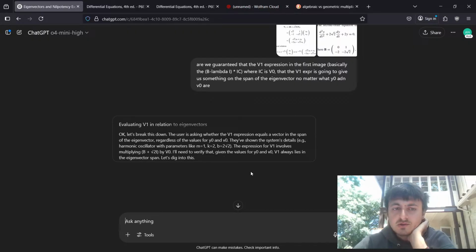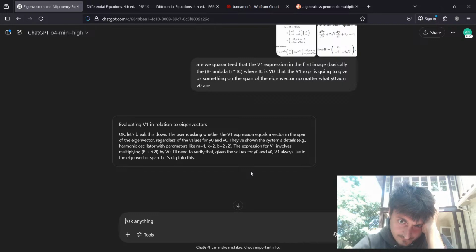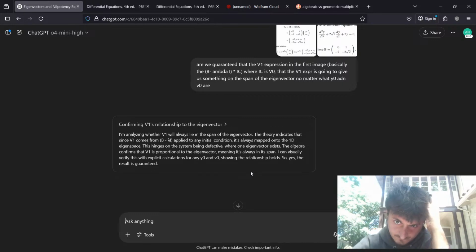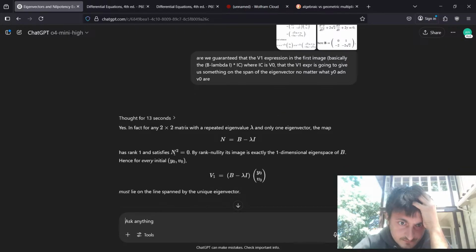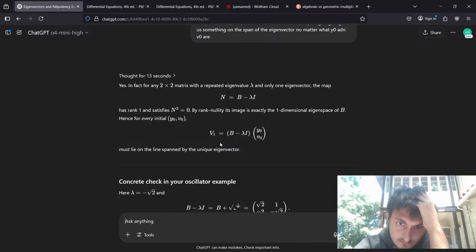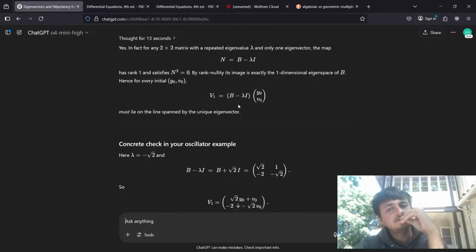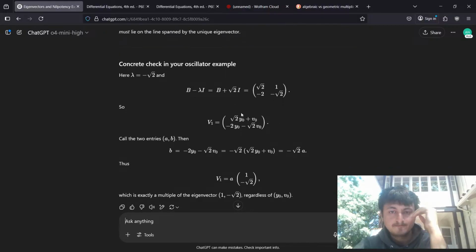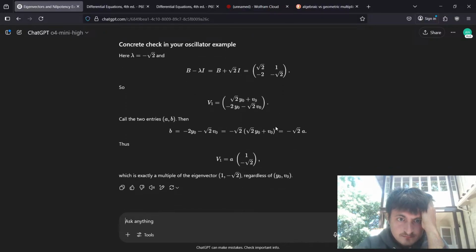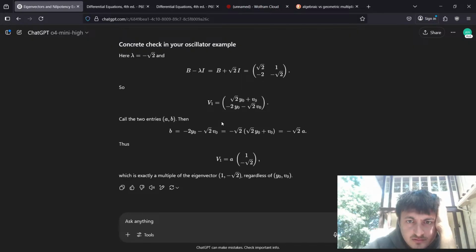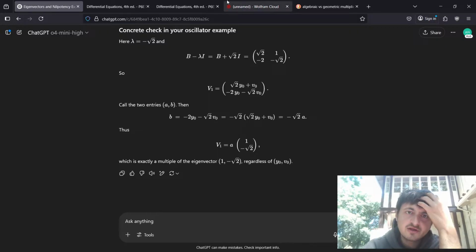Why can't I see it? Wait, B is equal to, okay. So whatever you give it, you are going to get something on the eigenvector.